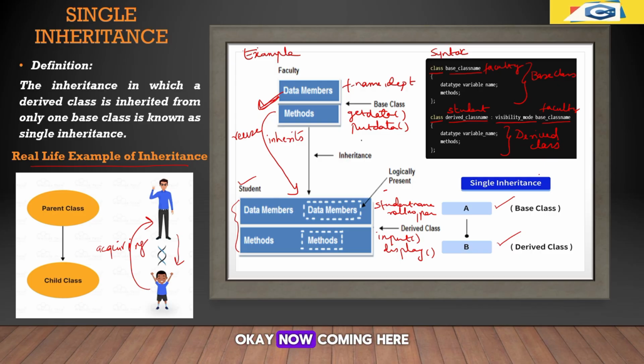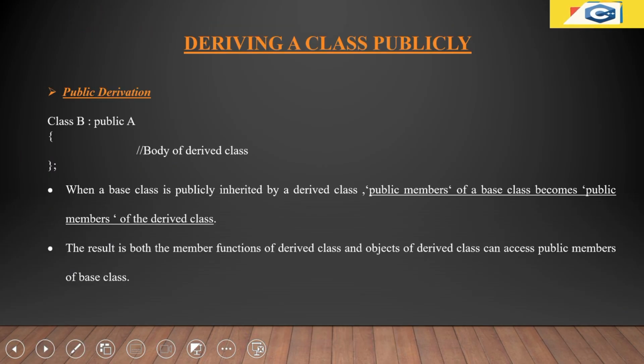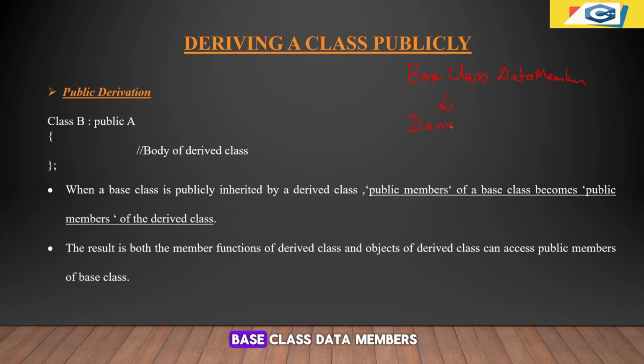Okay. Now coming to the visibility mode, we have the visibility mode public. If I am using the public visibility mode, I can use the base class data members in the derived class without any restriction.